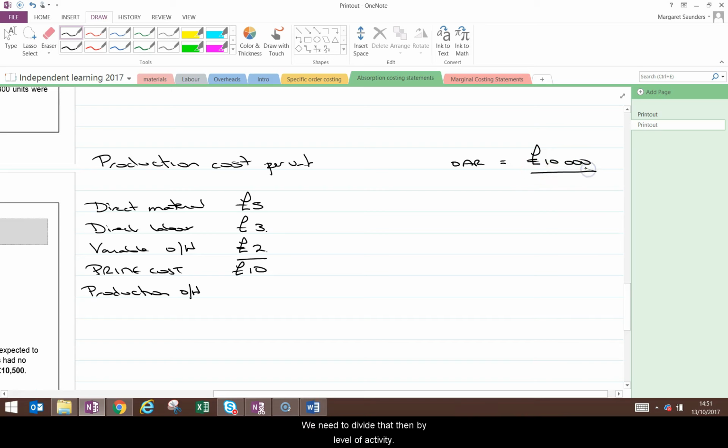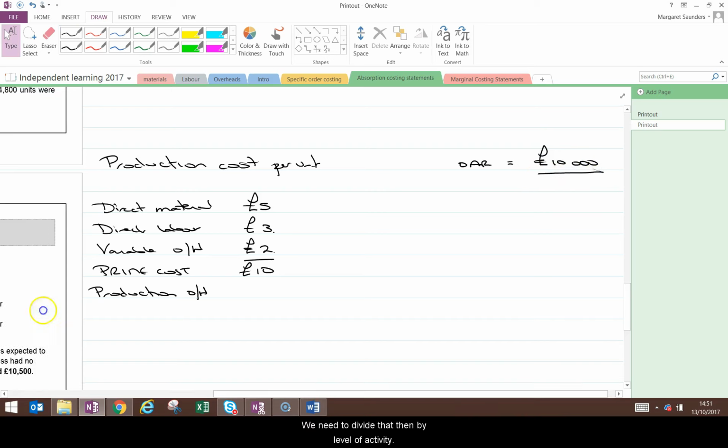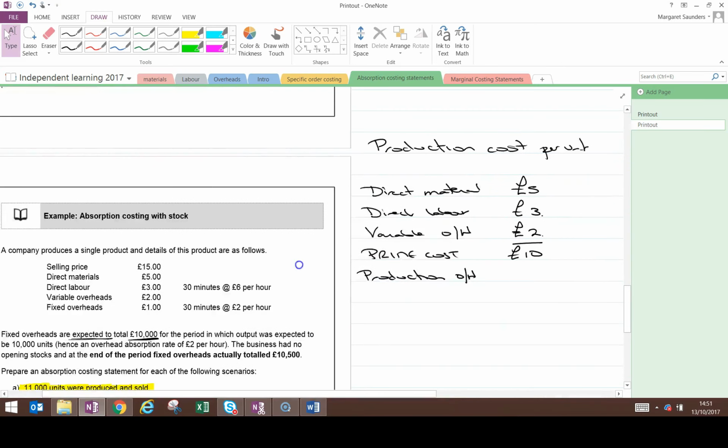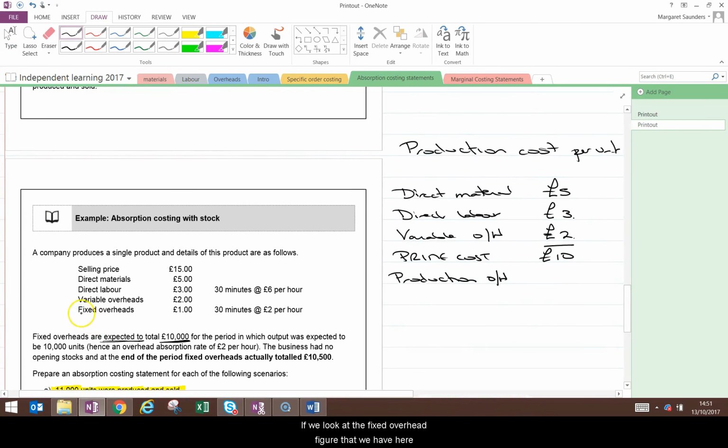So we need to divide that then by level of activity. If we look at the fixed overhead figure that we have here, we can see this £2 per hour. So this is the overhead absorption rate, but I just want to illustrate how it has been calculated. As it's per hour, we're looking at labour hours.